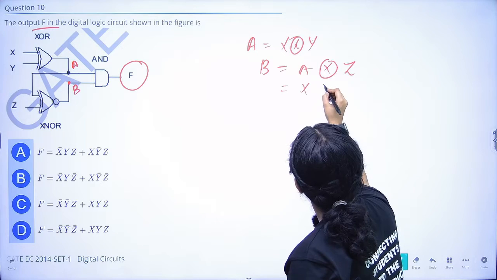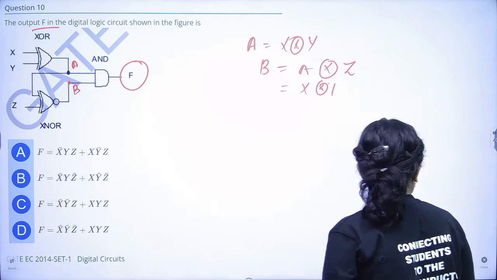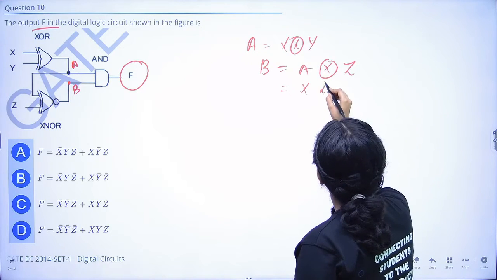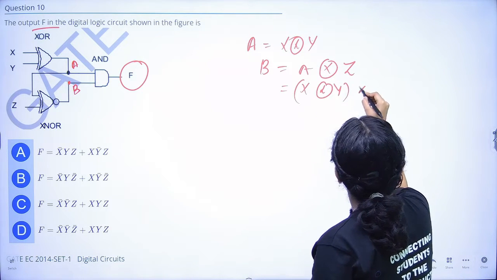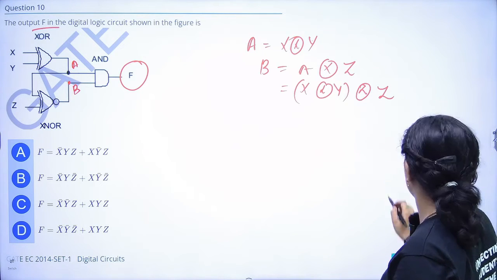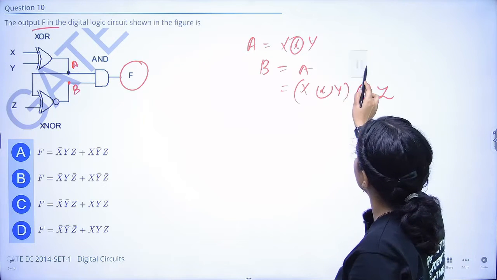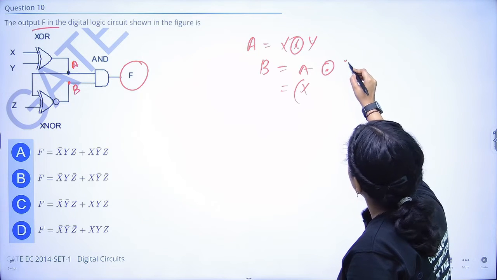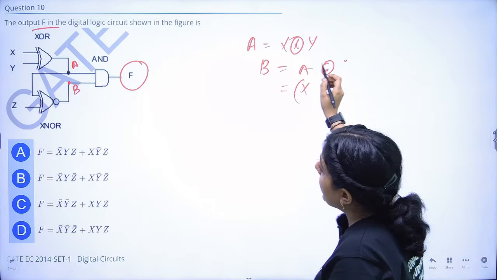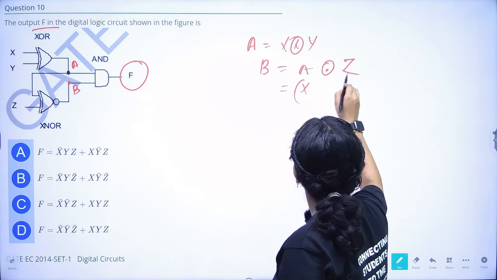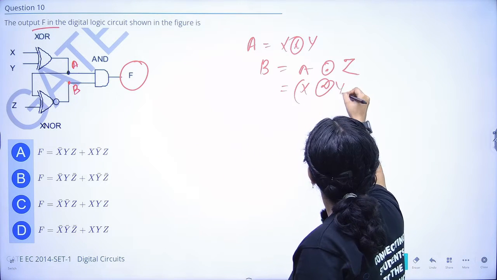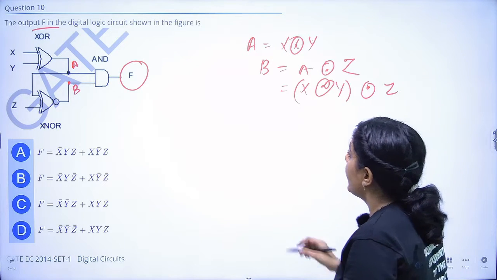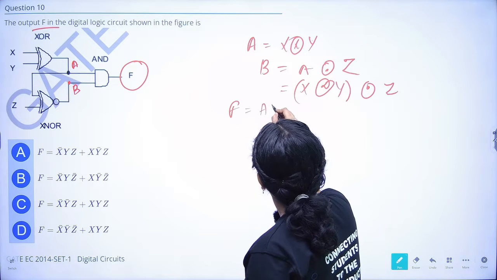So A is X XOR Y, and B is A XNOR Z, like this. And now finally F is AB.